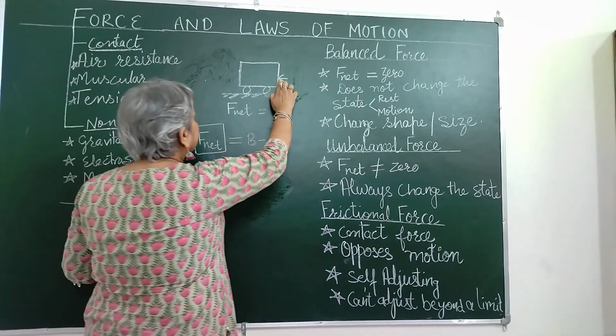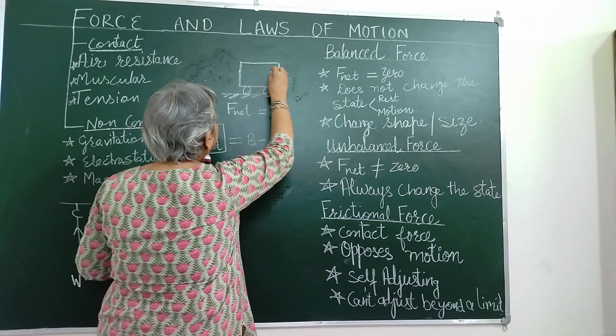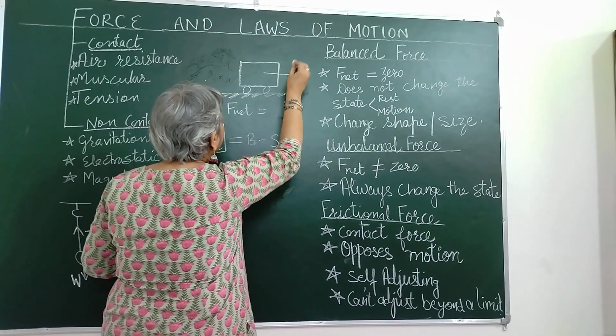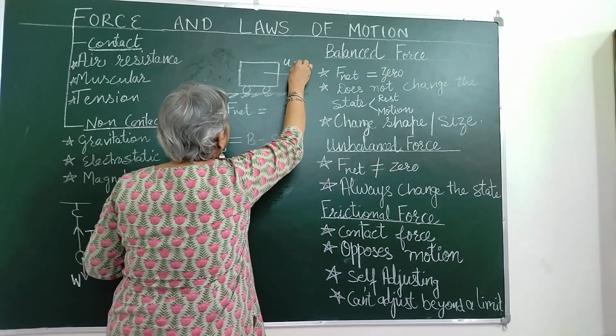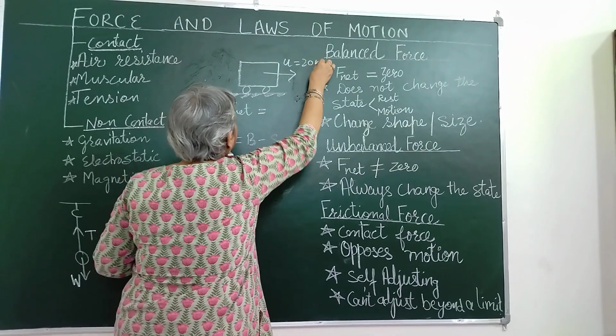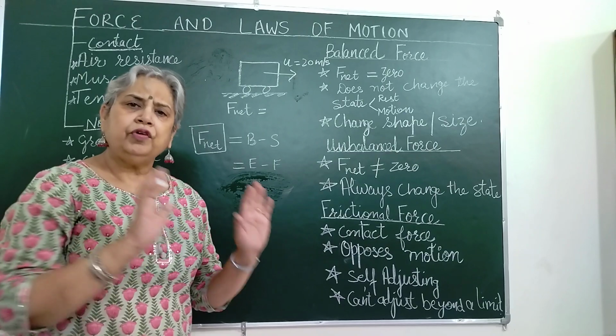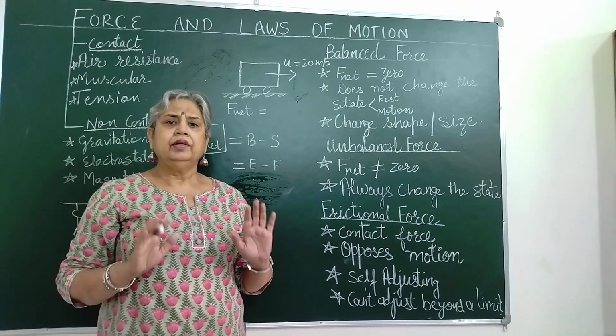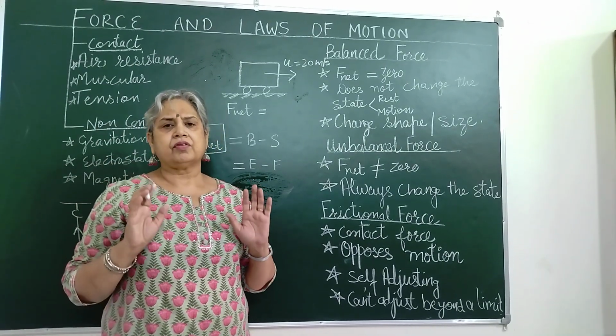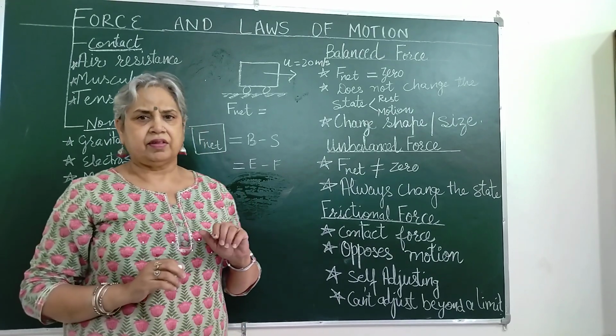Now we take another example: it is moving with a velocity of 20 meter per second. It is already moving with this motion, already having a velocity of 20 meter per second.